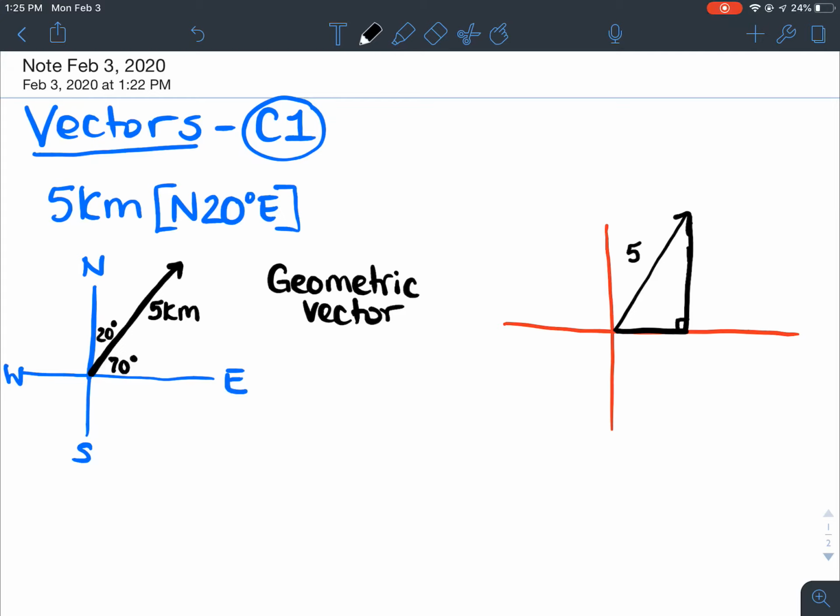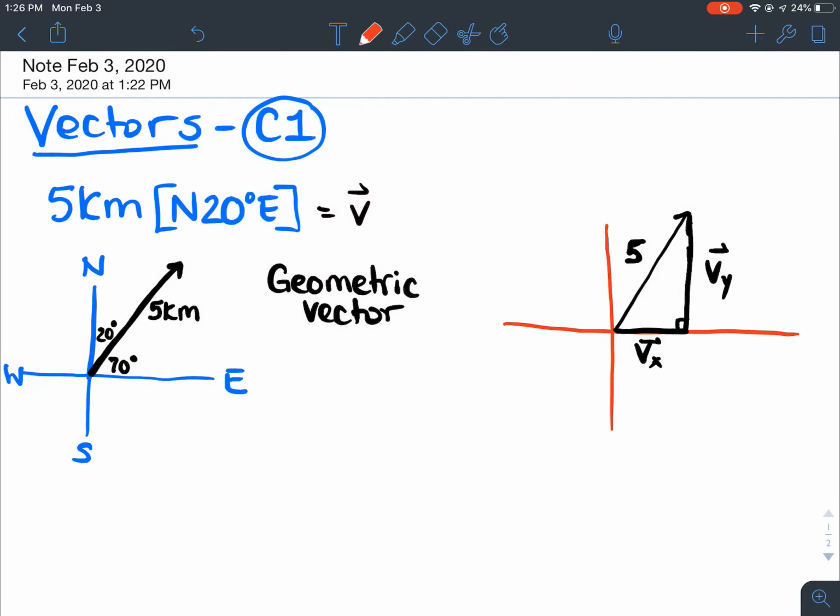Let's say I name this vector v. Then this is the x component, with a little subscript x, and this is the y component, with a little subscript y. I split it into my x and y components, and 5 here is the magnitude of the vector.